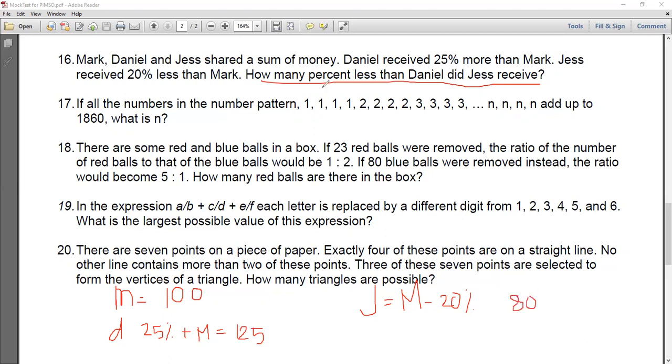So for us to identify how many percent less than Daniel Jess received, subtract 125 minus 80. So we're just going to get the rate. 125 minus 80, and that is 45. And then 45, divide it by 125. So doing this, 45 divided by 125, and we will get 36%.